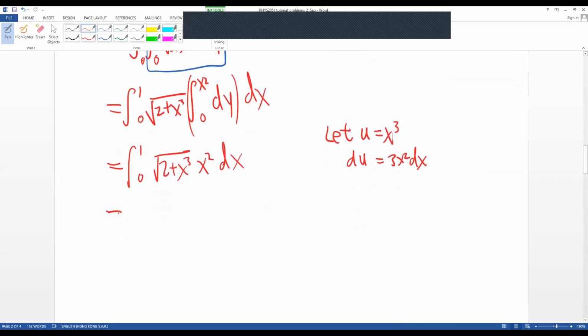So that's why this integral can be written as this, and then this is something that you can exactly integrate.